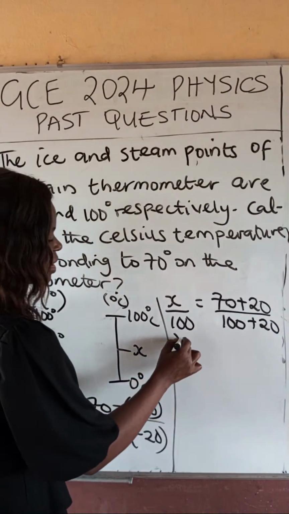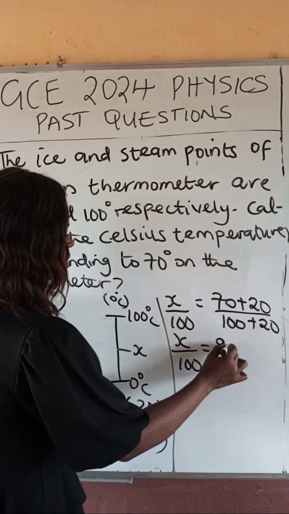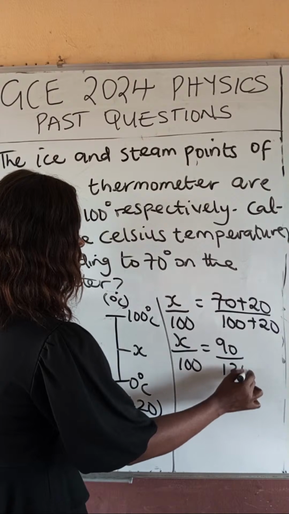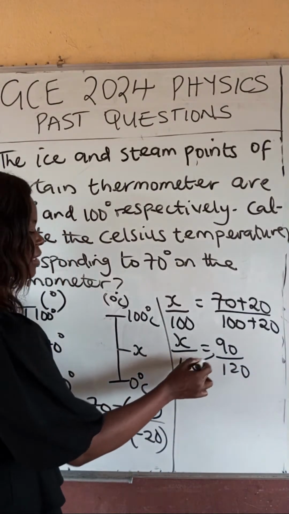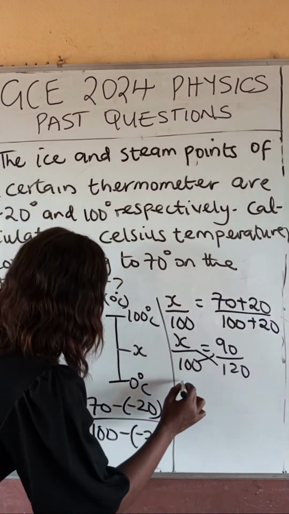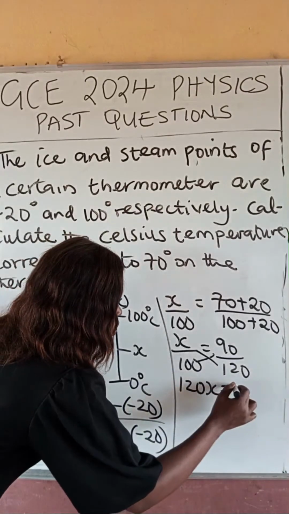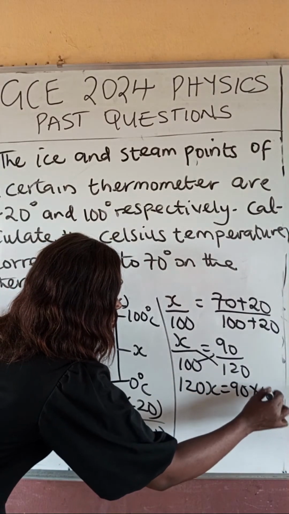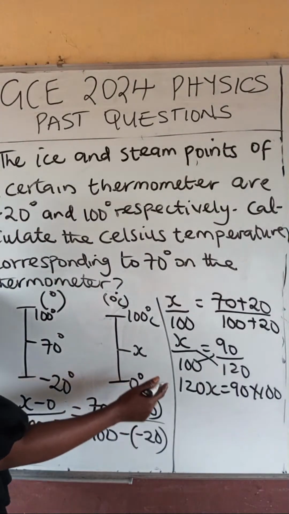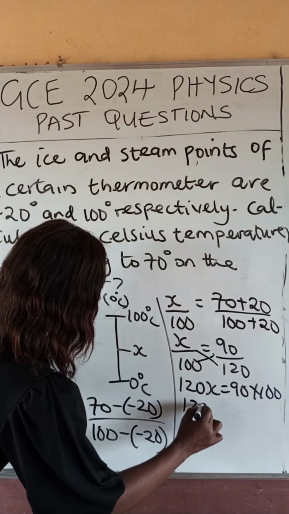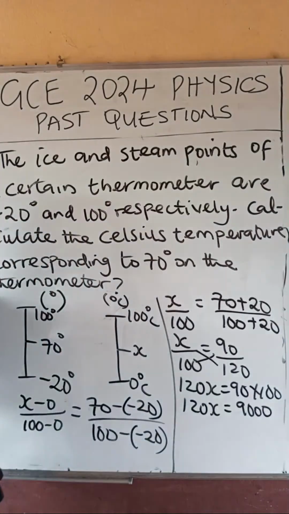So x over 100 is equal to 90 over 120. Okay? So I'll cross multiply by saying 120x is equal to 90 times 100, okay? Because you're looking for the temperature on this scale. So I'll have 120x is equal to 9,000, right?